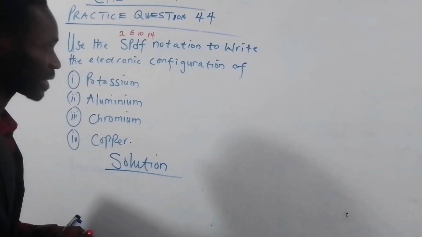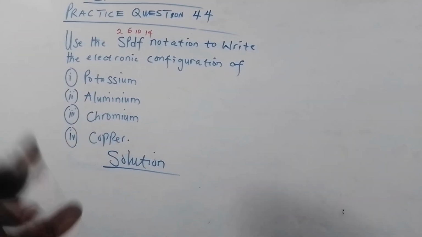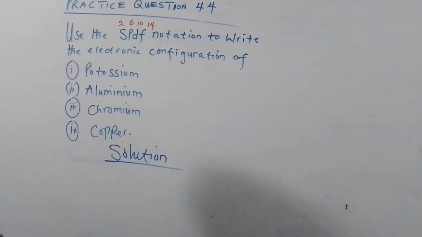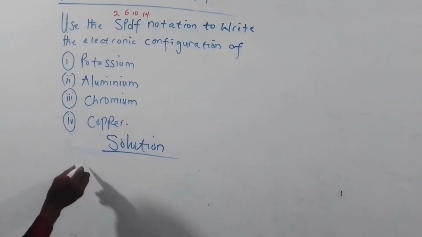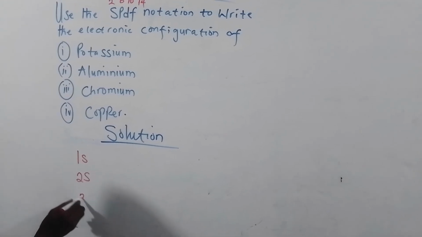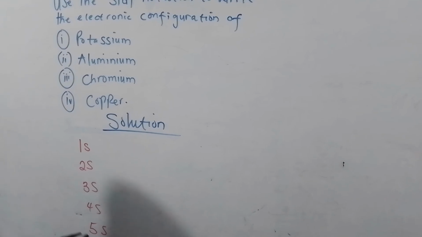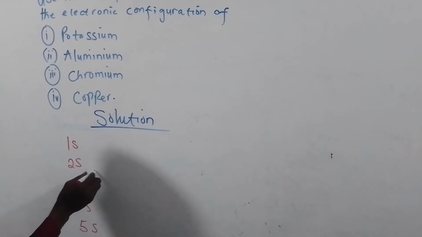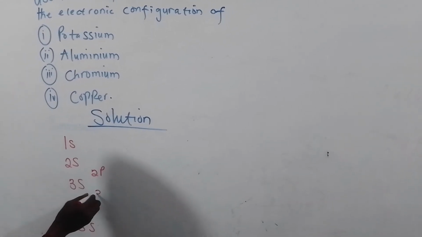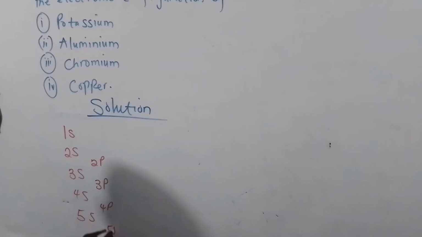Having that in mind, let us write the electronic configuration. Let me teach us a method. We have 1s, 2s, 3s, 4s, 5s. We have 2p, 3p, 4p, and 5p.